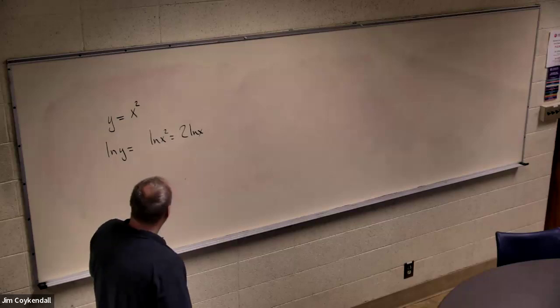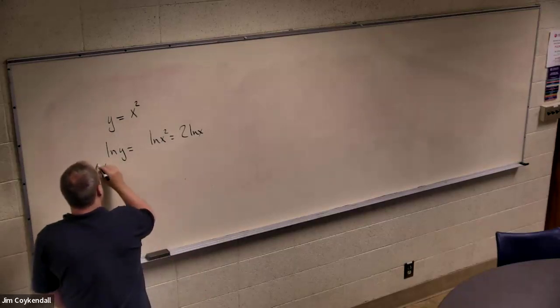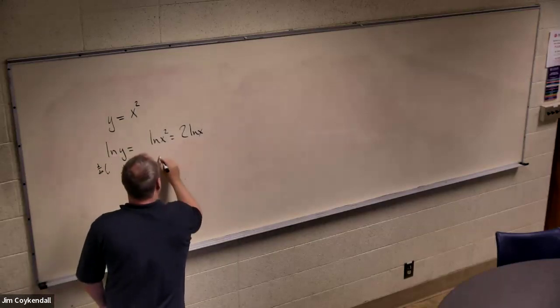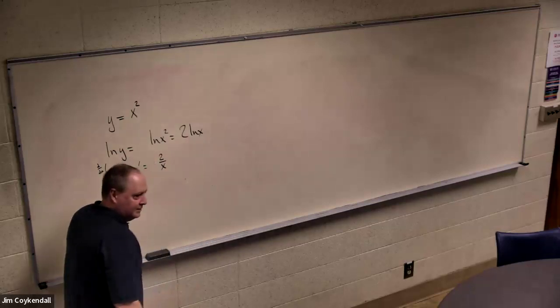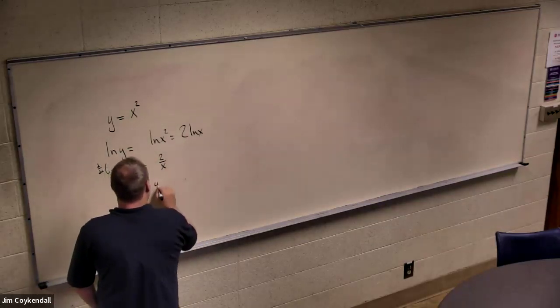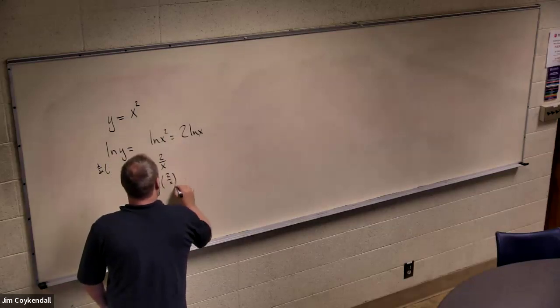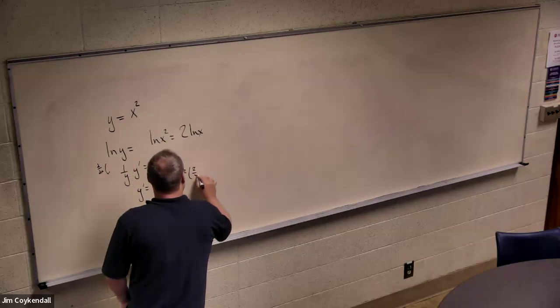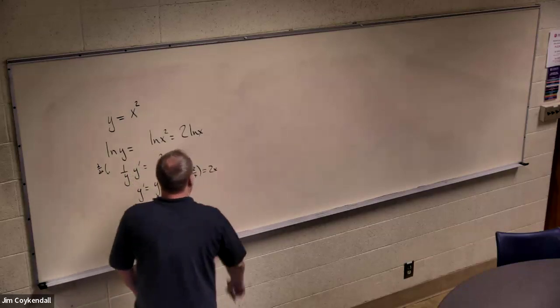Right? Now you take the derivative of this. 1 over y times y prime is 2 over x. And now y prime is y times 2 over x, so y is equal to x squared times 2 over x, and I get 2x.